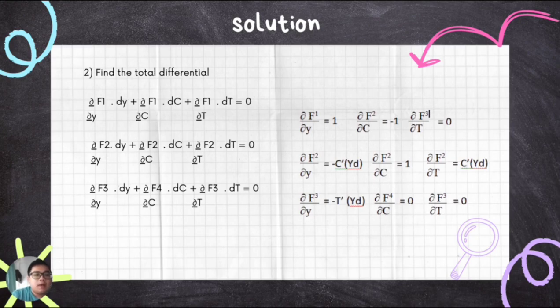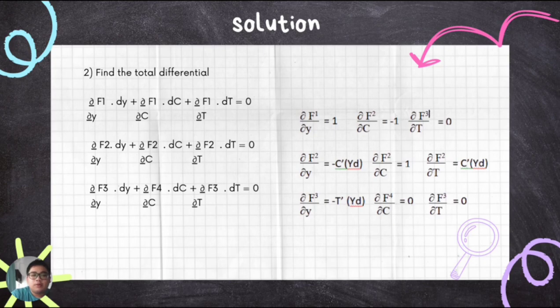df1 over dy is equal to 1, df1 over dc is equal to -1, df1 over dt is equal to 0, and df2 over dy is equal to negative c bracket yd, and df2 over dc is 1, df2 over dt is c bracket yd, and df3 over dy is equal to negative t over bracket yd, and sorry, this is df2.